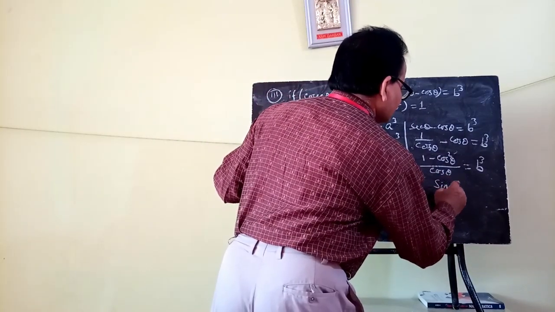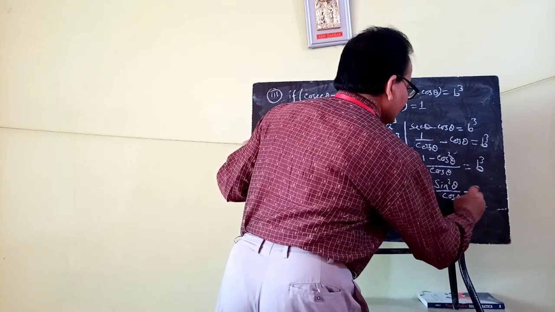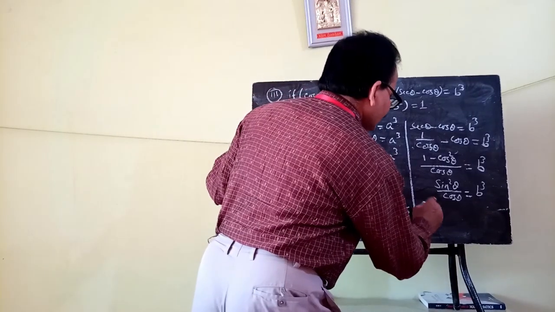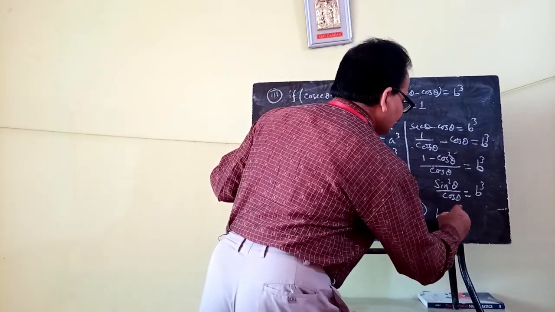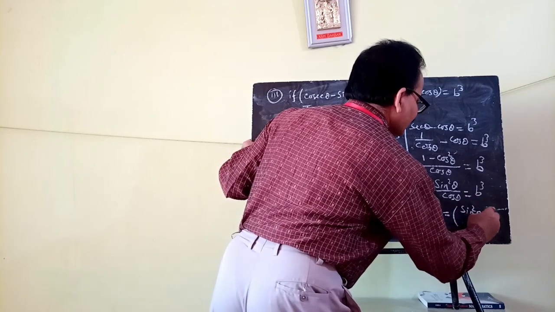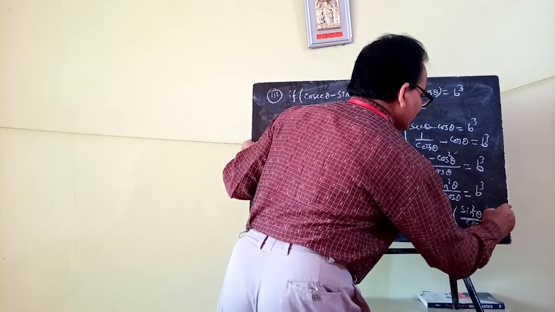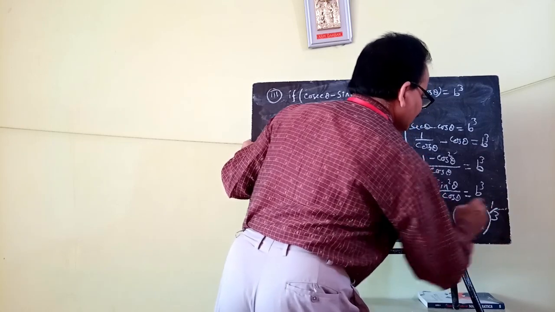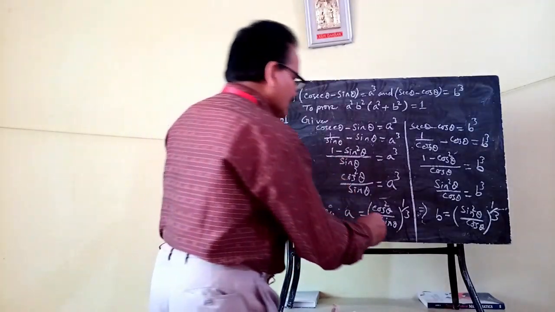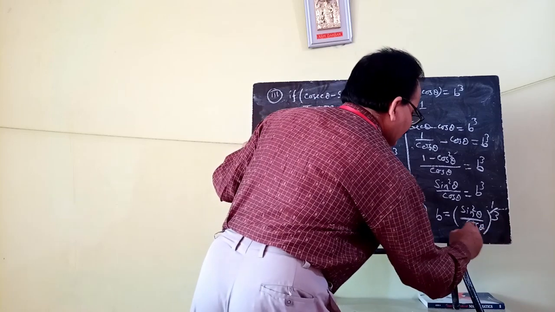So this is sin square theta by cos theta equals b cube. Clear? So now you can say b must be equal to sin square theta by cos theta whole to the power 1 by 3, because we have to find the cube root. So you can take this as equation 1 and this as equation 2.